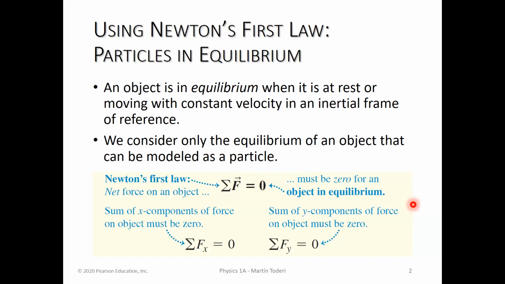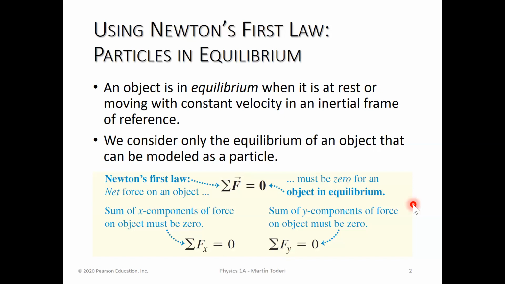An object is in equilibrium when it is at rest or moving with constant velocity. And of course, in an inertial frame of reference, meaning that that frame is not accelerated. We consider only the equilibrium of an object that can be modeled as a particle.